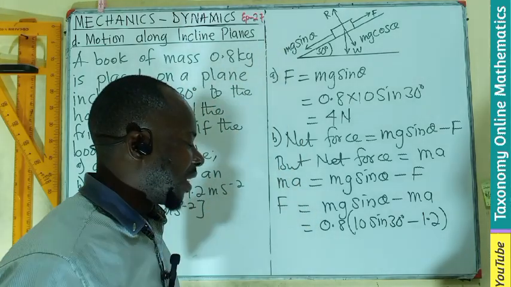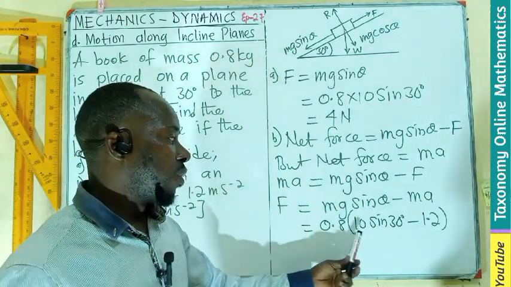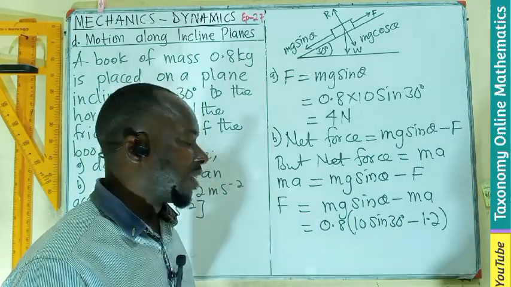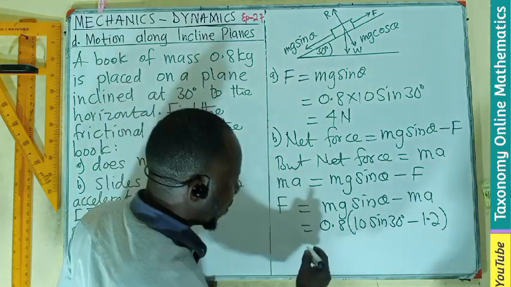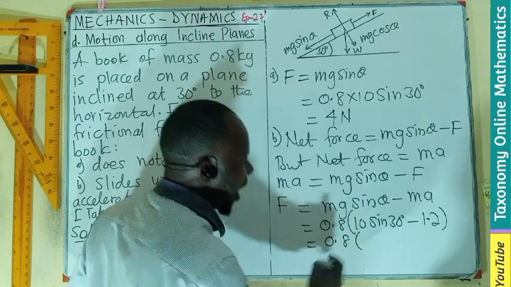Sine 30 is half, so half of 10 is 5. Five minus 1.2 will be 3.8.